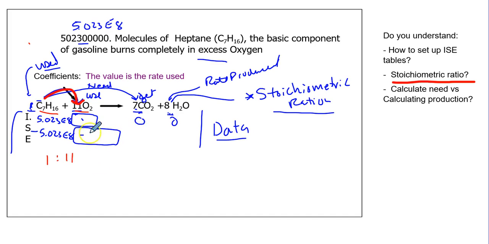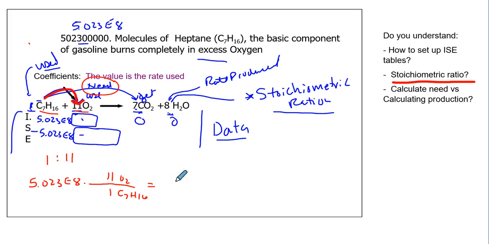Anytime you're solving for a reactant, I often refer to it as a need. So let's do the math here. I have 5.023 e to the 8th, and for every 1 C7H16 I need 11 O2s.